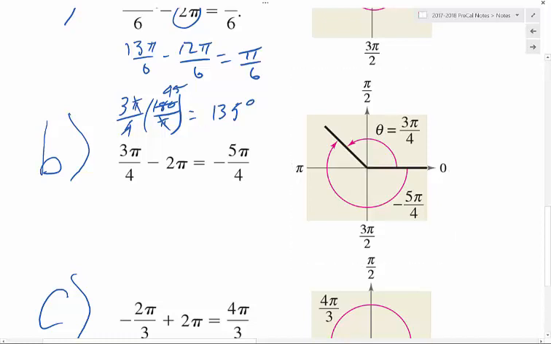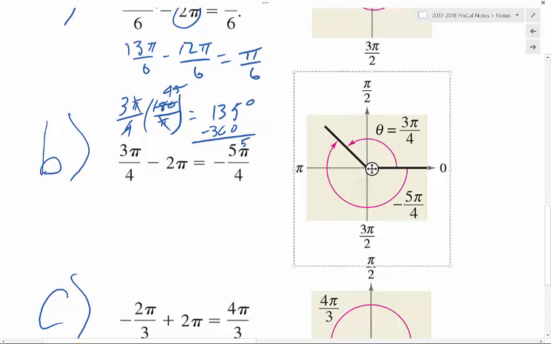So minus 360 gives me negative 225 degrees.